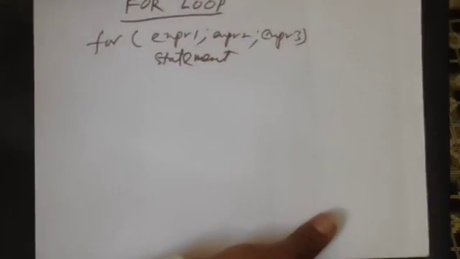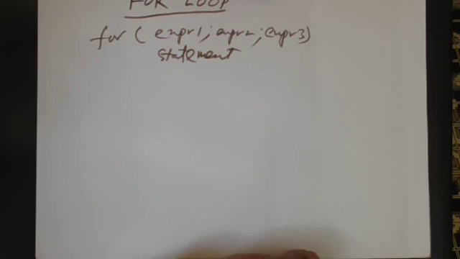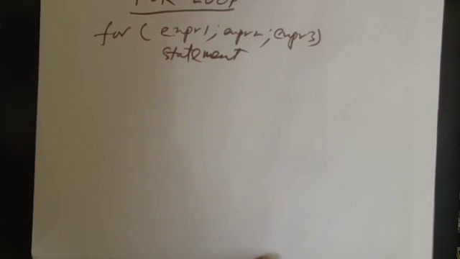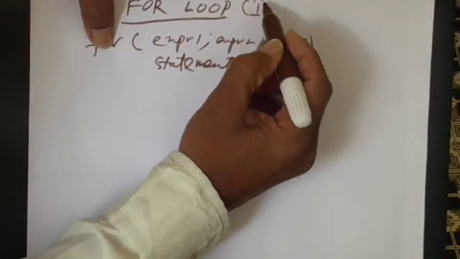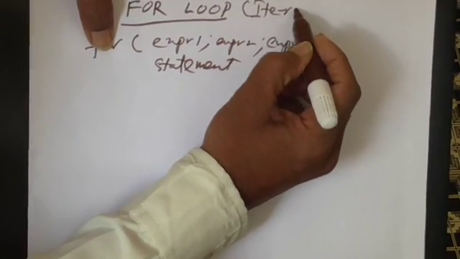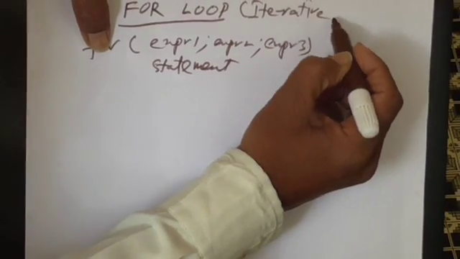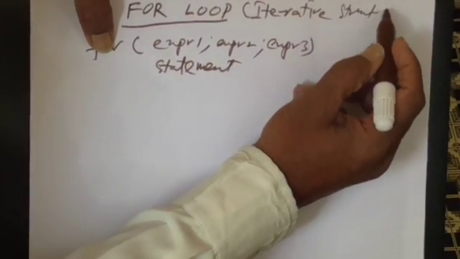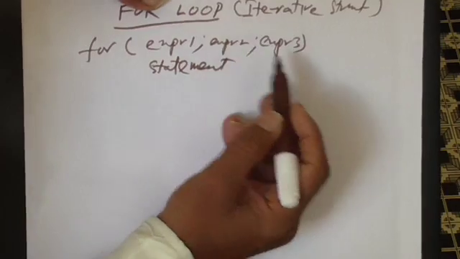As you know, we always explain better with a flowchart for understanding any control structure. As I say, for loop comes under iterative structures. So it is an iterative structure.